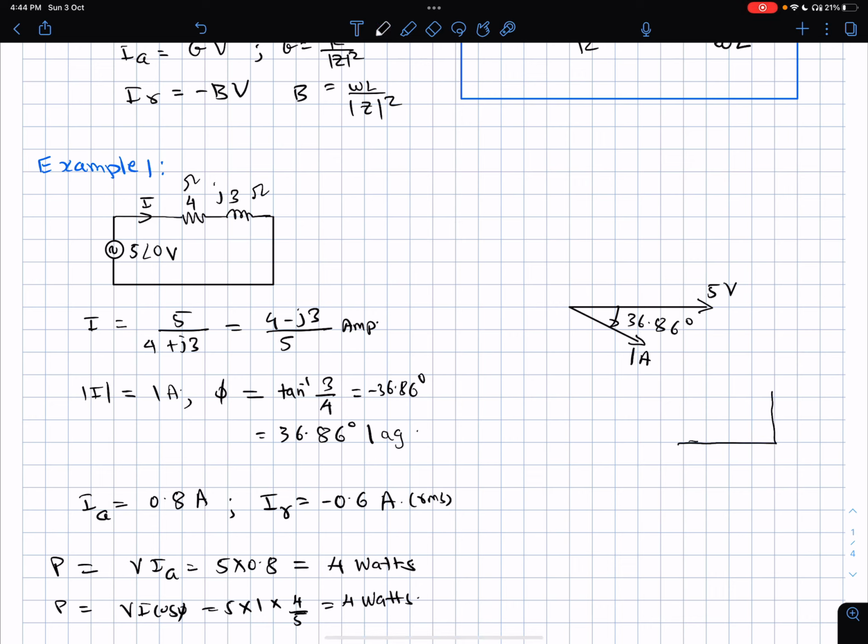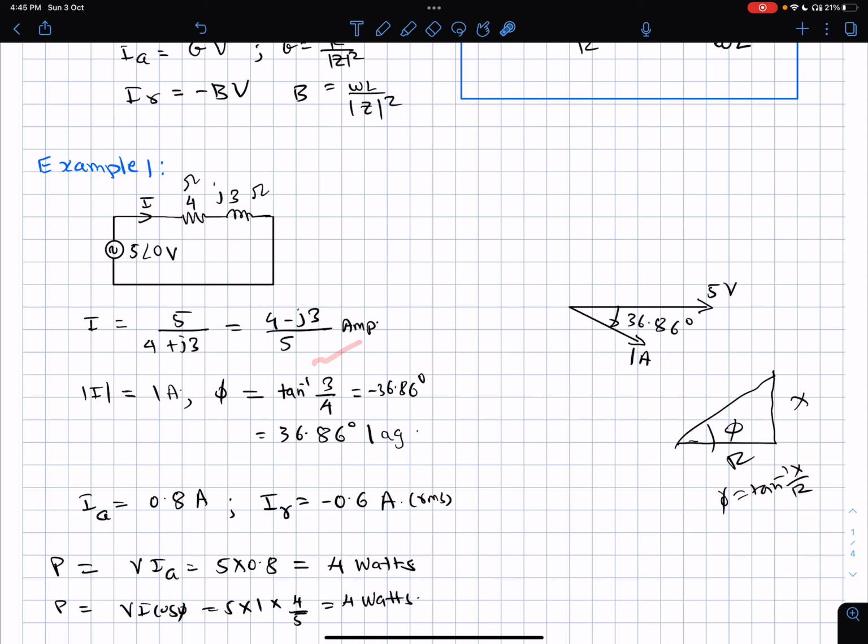Only thing is, in this impedance triangle phi is positive. Current is affected because the impedance comes in the denominator. You get this 3, this is 4. So your phi becomes tan inverse of minus 3 by 4.